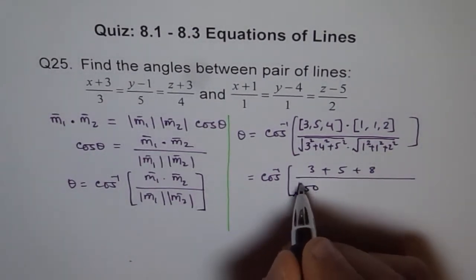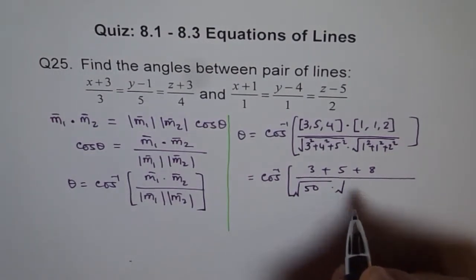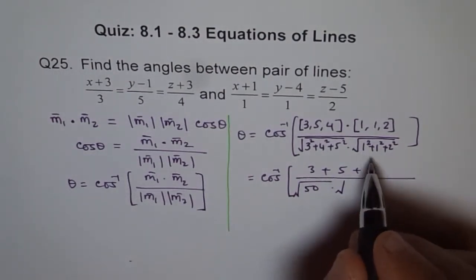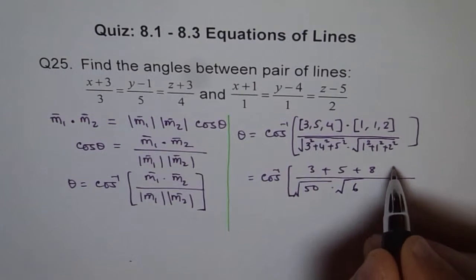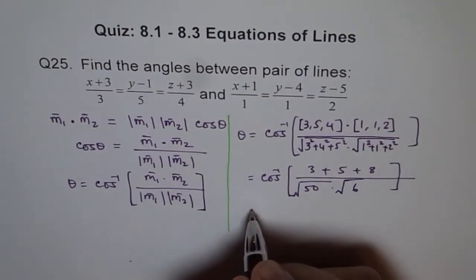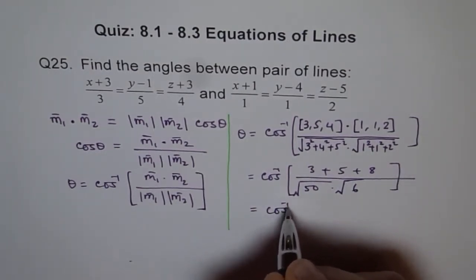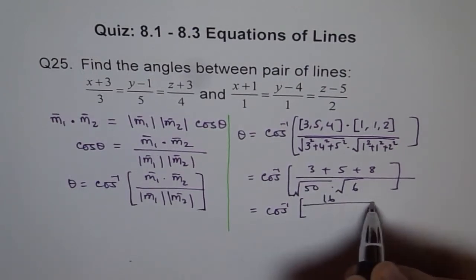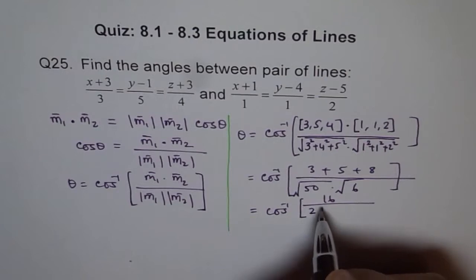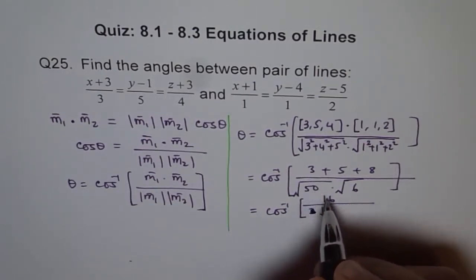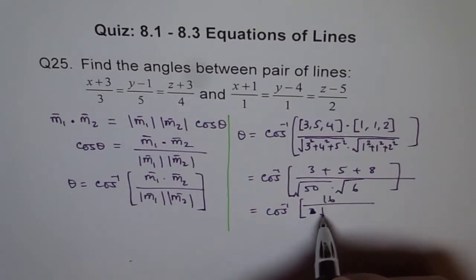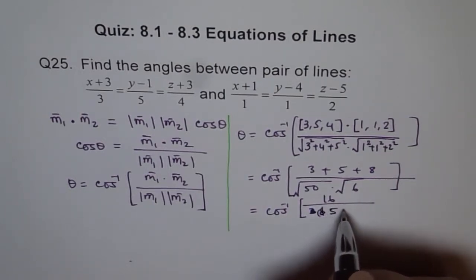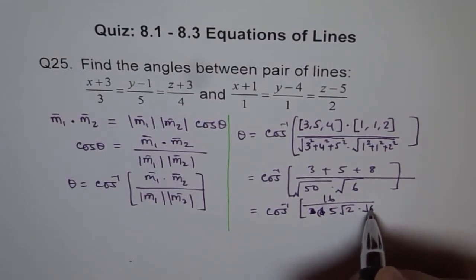So we get 50 here, times square root of 1 plus 1 plus 4, that means 6. So we have cos inverse of 8 plus 8, 16. And this could be written as 25 times 2, which is 5 square root 2, times square root 6.